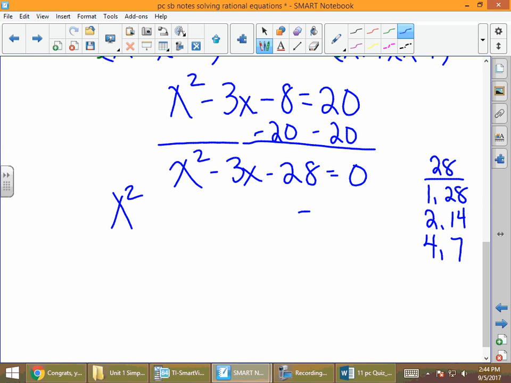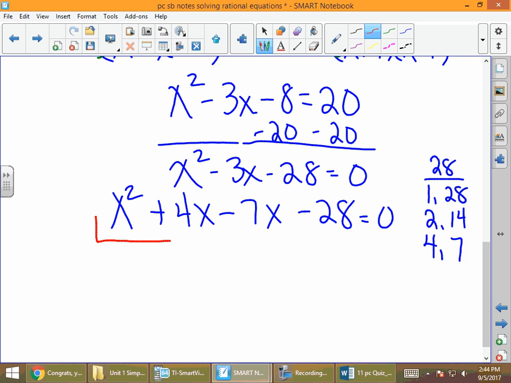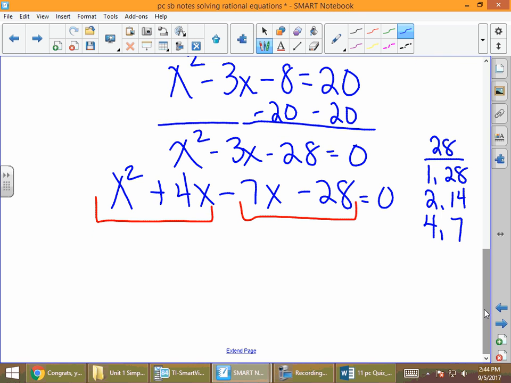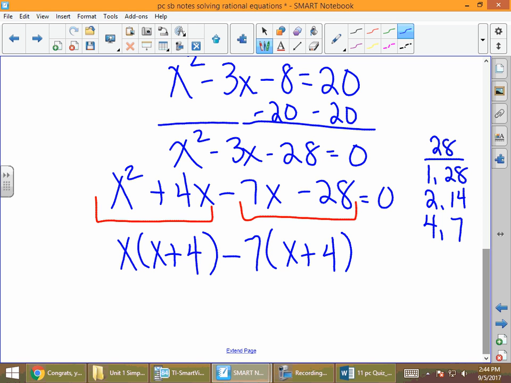So we've got x squared minus 28, and we have plus 4x minus 7x, and we group. Well, we have x times x plus 4 minus 7 times x plus 4.